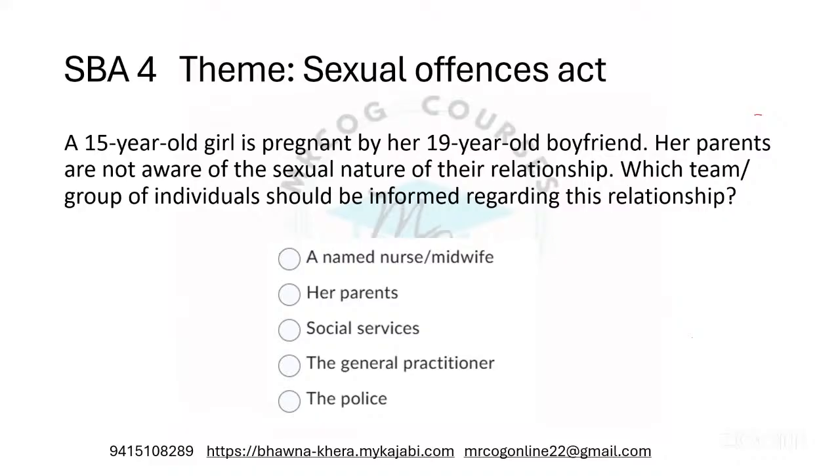In this question, a 15-year-old girl is pregnant by her 19-year-old boyfriend and her parents are not aware of the sexual nature of their relationship. Whom are we going to inform? Which team or group of individuals should be informed regarding this relationship? A named nurse and the midwife, her parents, social services, general practitioner, or the police?